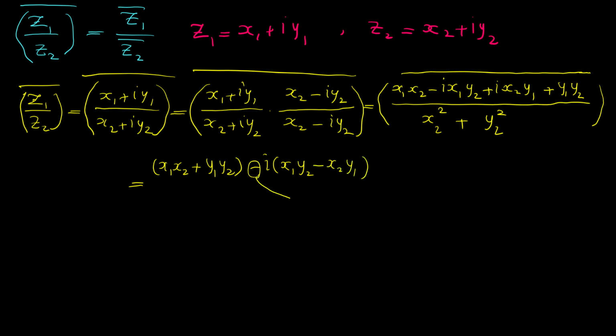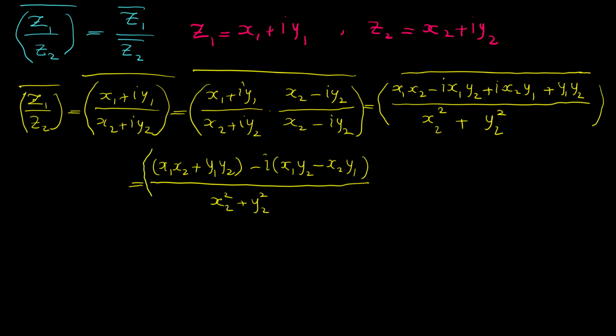Because when we multiply this negative inside, we have this positive here. All over the denominator. All of this over x2 to the 2 plus y2 to the 2.